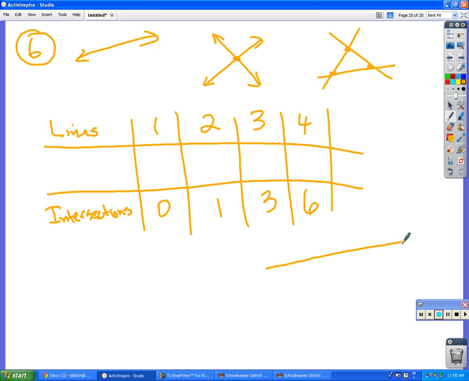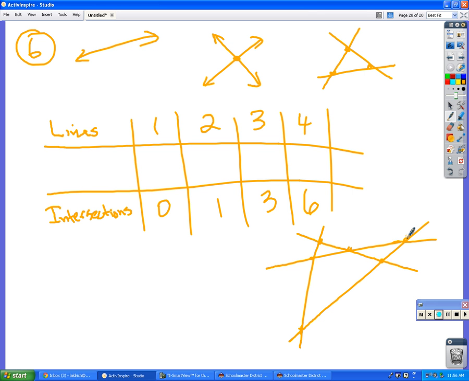So here's a line here, and I'm going to draw another one like that. Then I'll draw another one that crosses both of those. And then do I have to draw a 4th line that crosses all 3 of those? Yeah, so like this, 1, 2, 3. 1, 2, 3, 4, 5, 6.